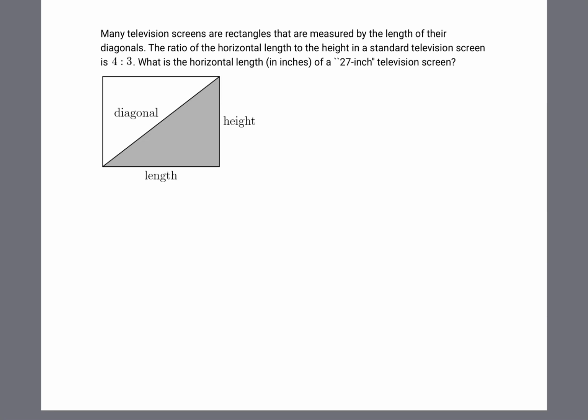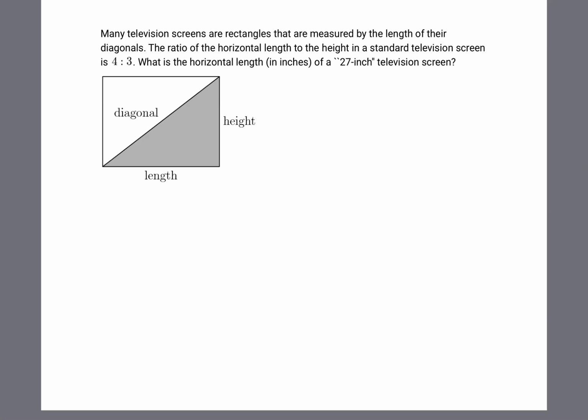In AIME, if you're solving it, it's going to be in fractions most of the time, but it'll ask you to add the denominator and numerator or something. So it'll be an integer, but keeping it as a fraction is a good general rule.